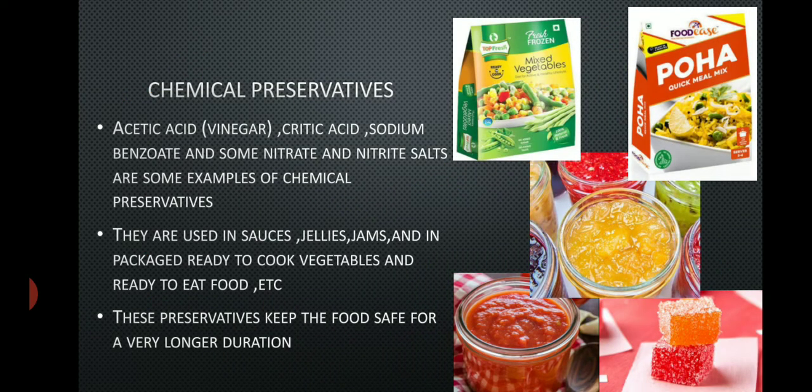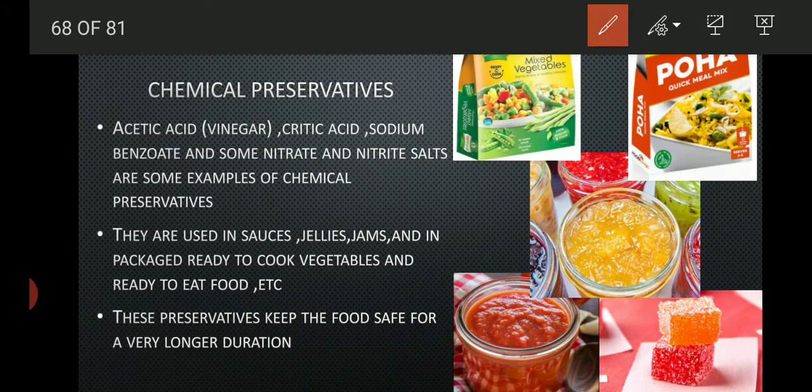And the next is chemical preservatives. Acetic acid, that is vinegar, citric acid, sodium benzoate, and some nitrate and nitrite salts are some examples of chemical preservatives.